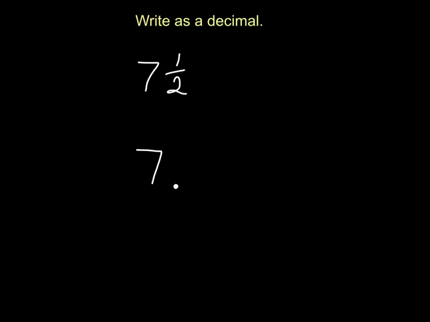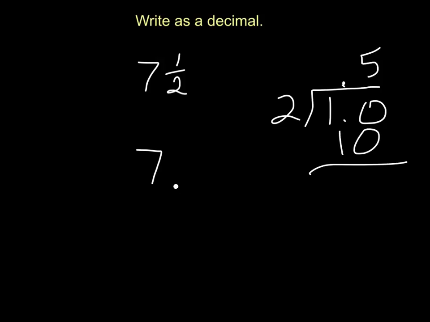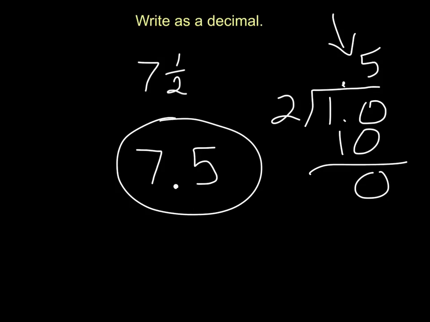Now, you might know that half as a decimal is 0.5, but if you didn't, you would just do your division, and you'd say, okay, 2 goes into 10 5 times. 5 times 2 is 10, and you're left with nothing. So there's my decimal. I would have 7.5 as my decimal for 7 1/2.